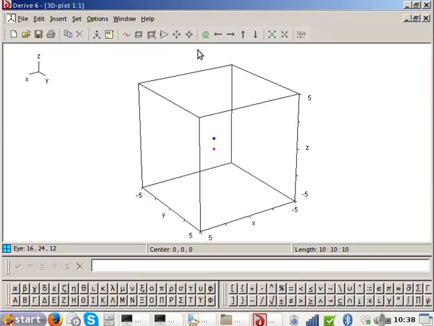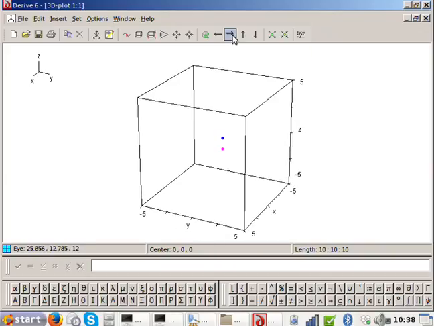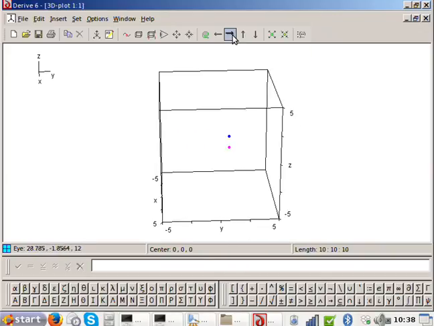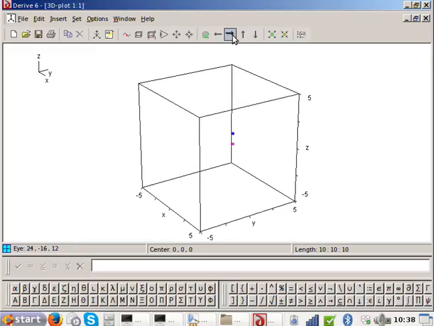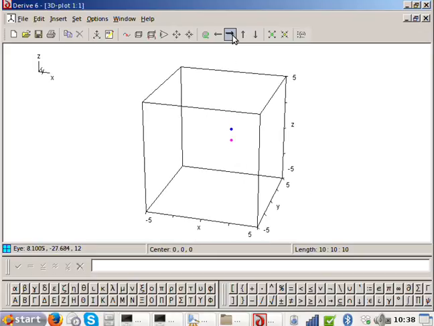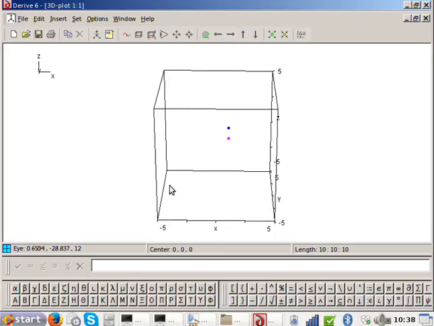That's not good. No, that's useless. I need the program to draw a line from the origin to the point as well.